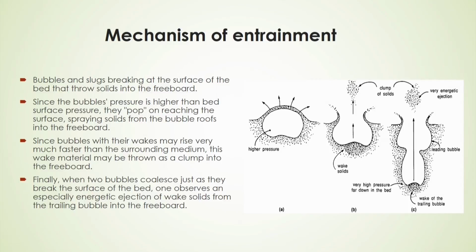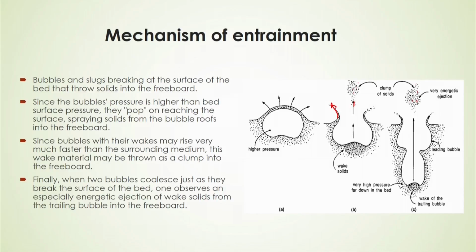Since the bubble pressure is higher than the bed surface pressure, they pop up on reaching the surface, spraying solids from the bubble roofs into the freeboard. Here the entrainment occurs, and these fine solid particles are ejected and then go up from the bed.